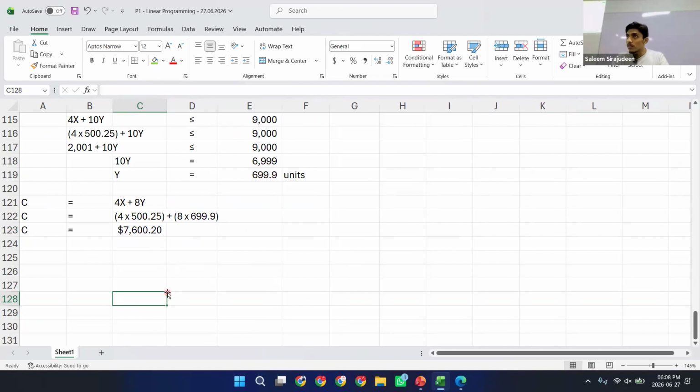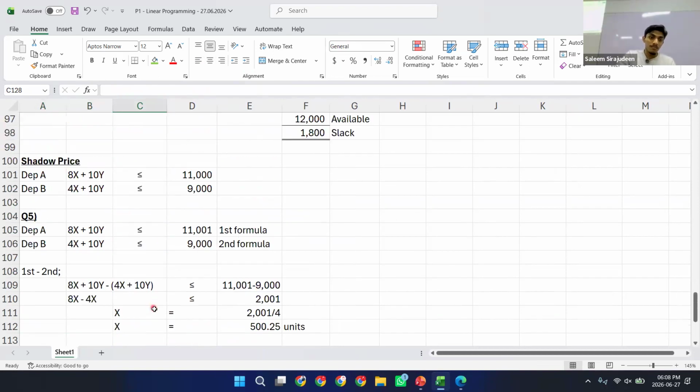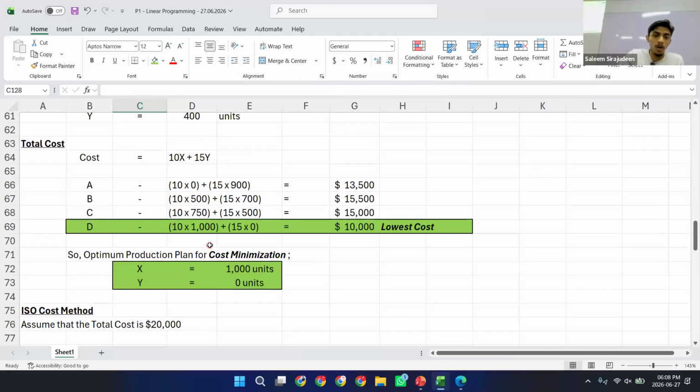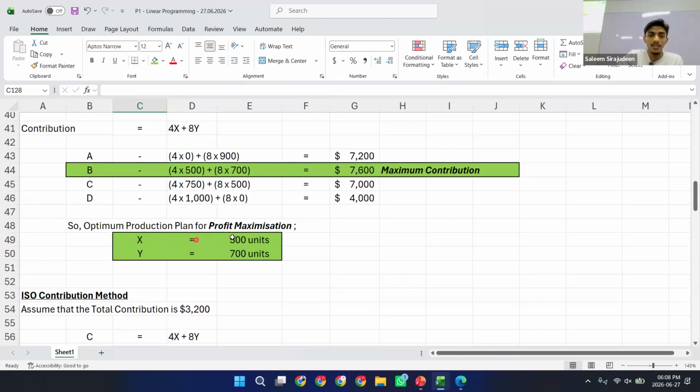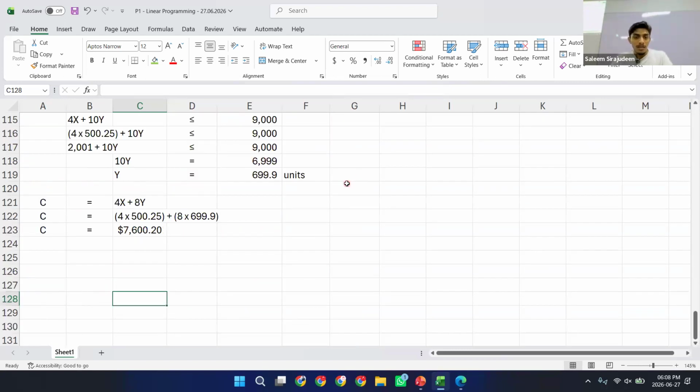Got it? So previously, at your optimum production point, how much contribution did you have? 7,600, right?